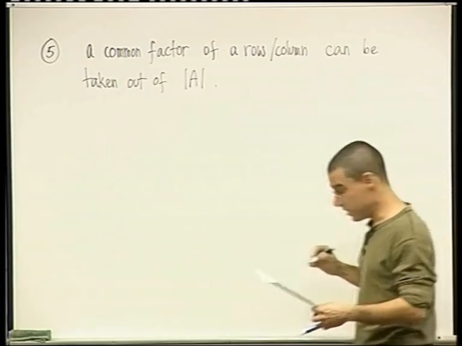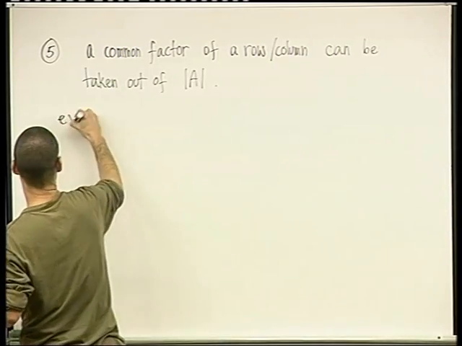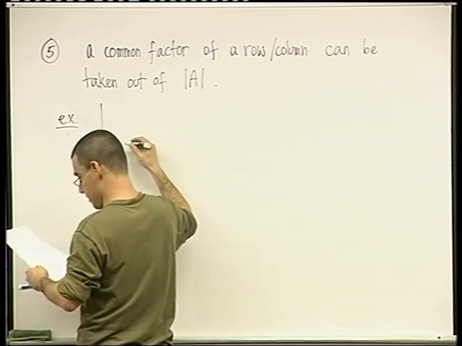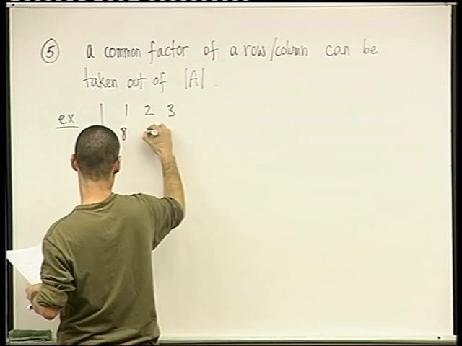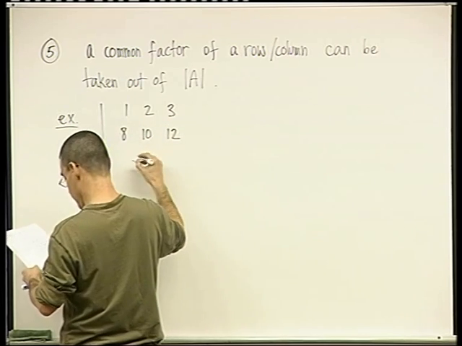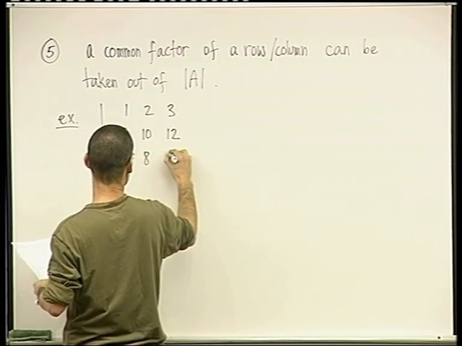What do I mean by this? Let's do an example. Let's look at the matrix 1, 2, 3, 8, 10, 12, 7, 8, 9.